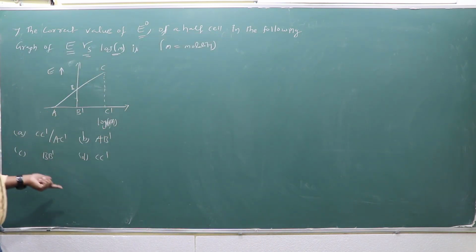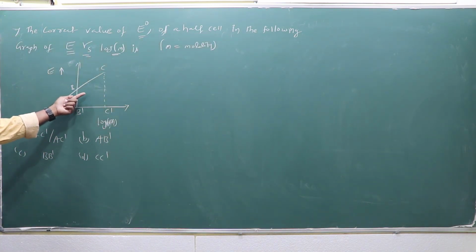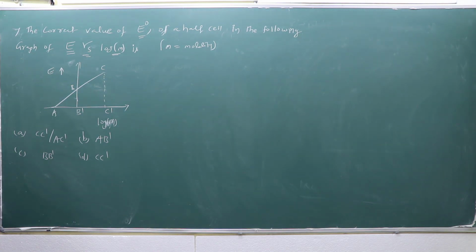This type of graph will be obtained in which case? In the oxidation half cell case or the reduction half cell case? In the reduction half cell case, we observe this type of graph.